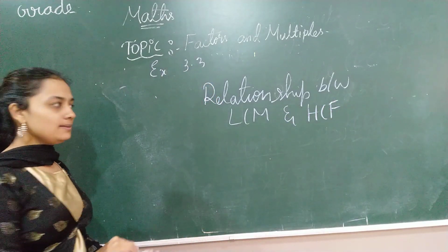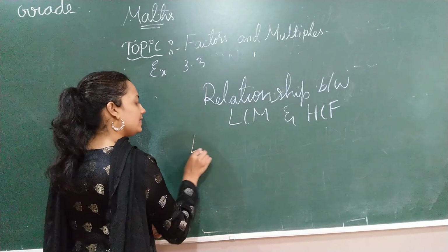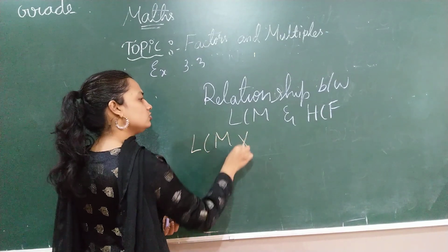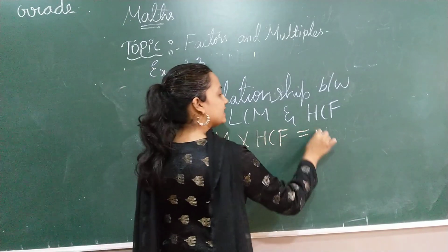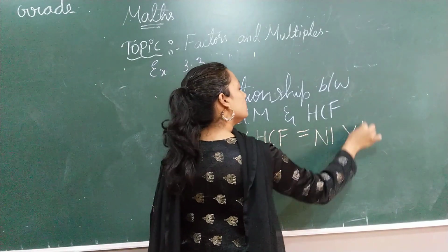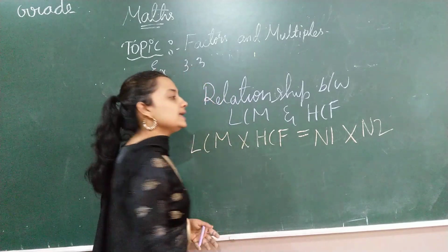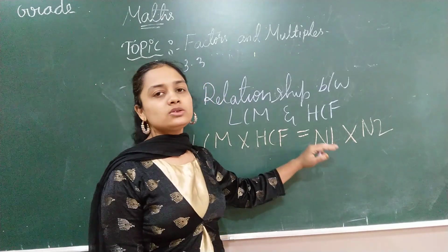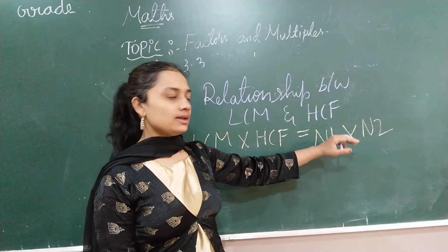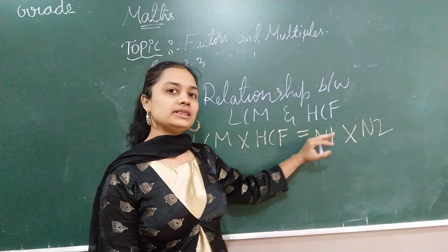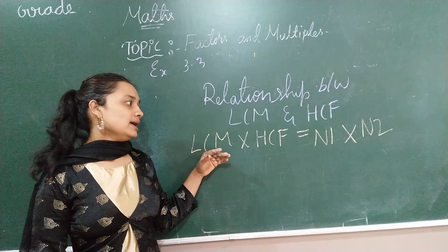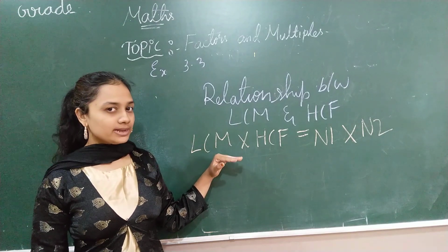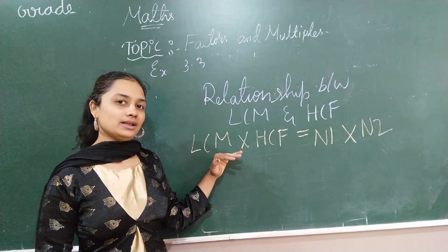So what is the formula? LCM into HCF is equal to N1 into N2. In the textbook you have product of two numbers. I have written the same thing but in number form. This is easy to remember. So children, this is a very important relationship. Please keep it in your mind.